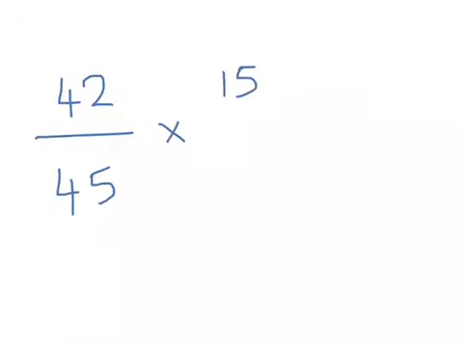Let's get some larger numbers in there. Say we have 42 over 45 multiplied by 15 over 36. Look at the different ways that I can simplify.